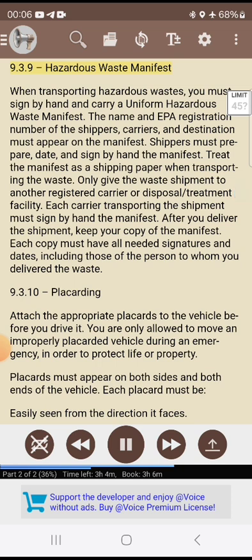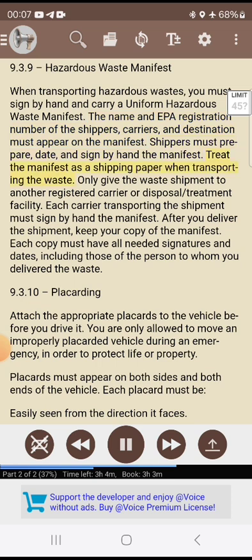9.3.9 Hazardous Waste Manifest. When transporting hazardous wastes, you must sign by hand and carry a uniform hazardous waste manifest. The name and EPA registration number of the shippers, carriers, and destination must appear on the manifest. Shippers must prepare, date, and sign by hand the manifest.